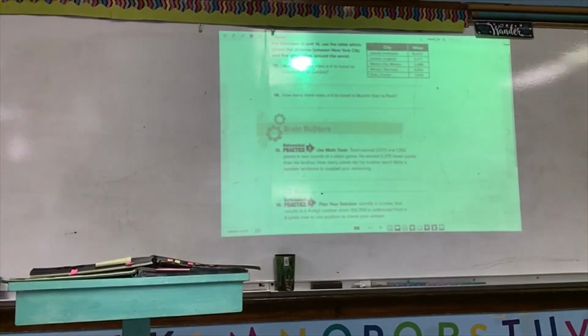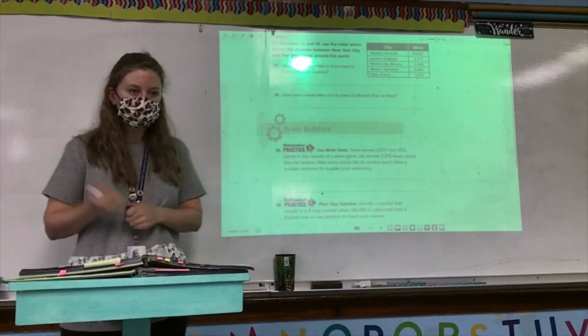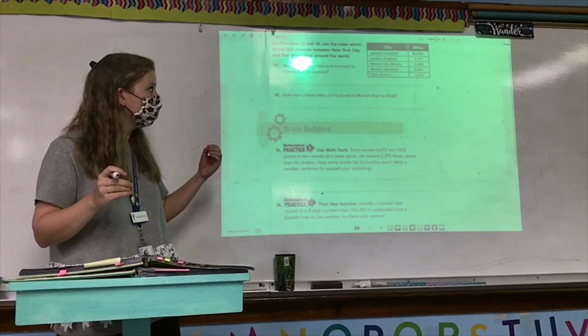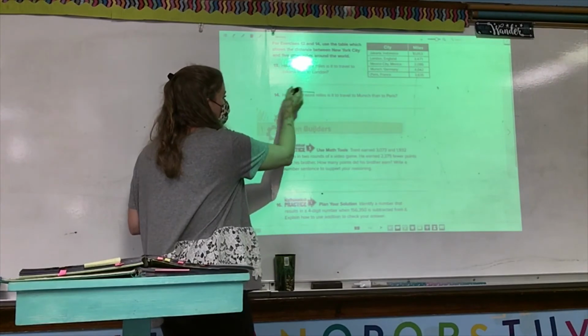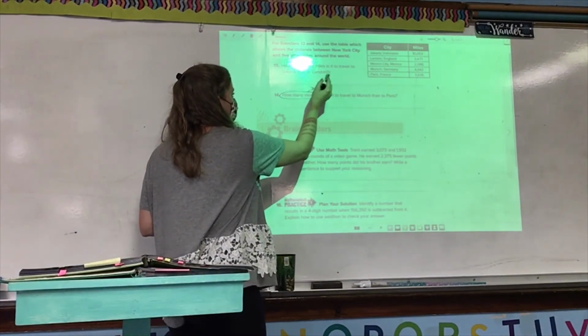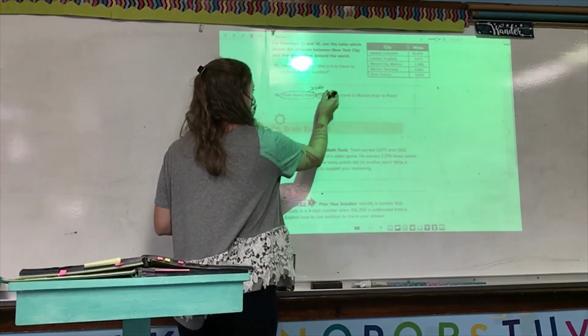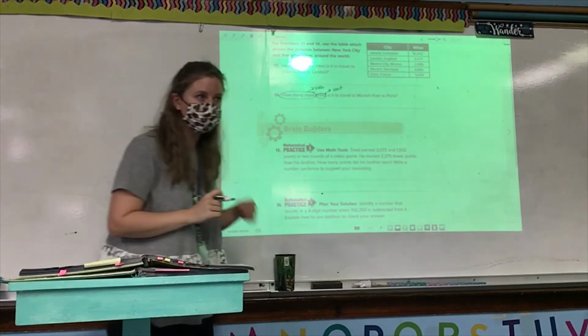So we are looking at number 14. We just did number 13, so we're doing the same thing. How many more tells us we are subtracting. Miles tells us the units.